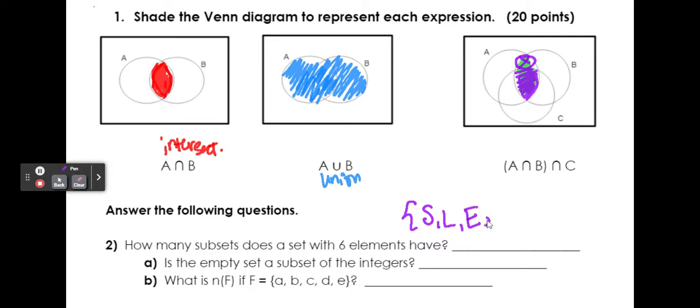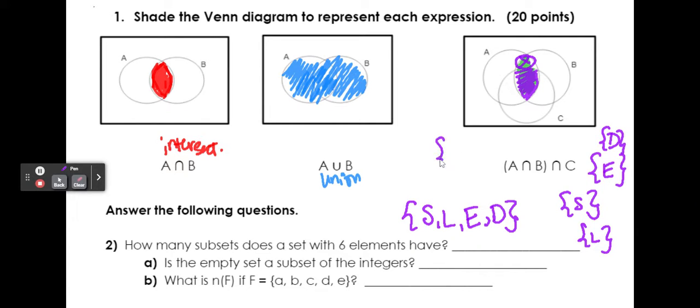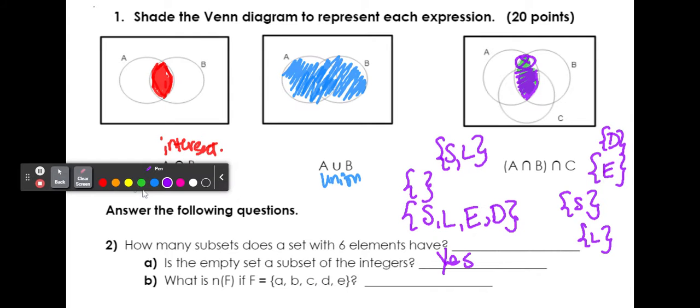If it was this set and we started to list all the subsets, well, the subsets are S and L and E and D, and then we could do 2 of the letters, so SL. Or we could have none of the letters. The empty set is a subset of all integers. So that second question, the answer there should be yes. It is a subset of every set of numbers.